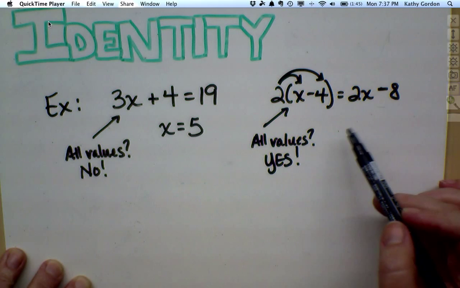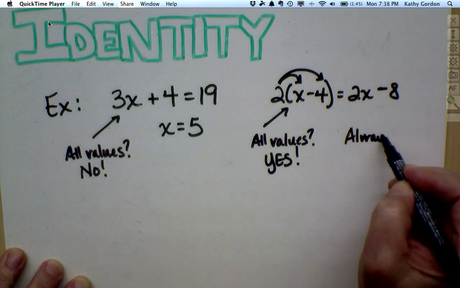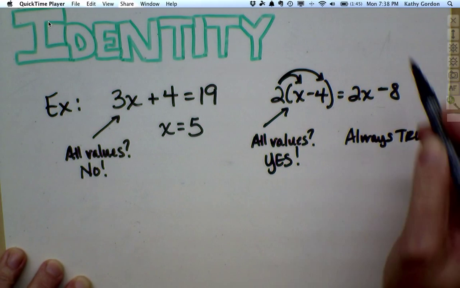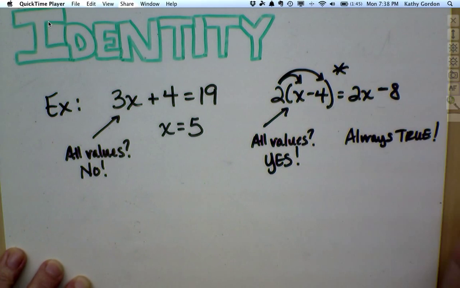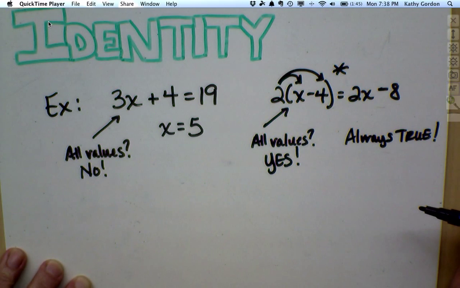So this is always going to be true. That's what makes this an identity. And this is an equation to solve. Okay?